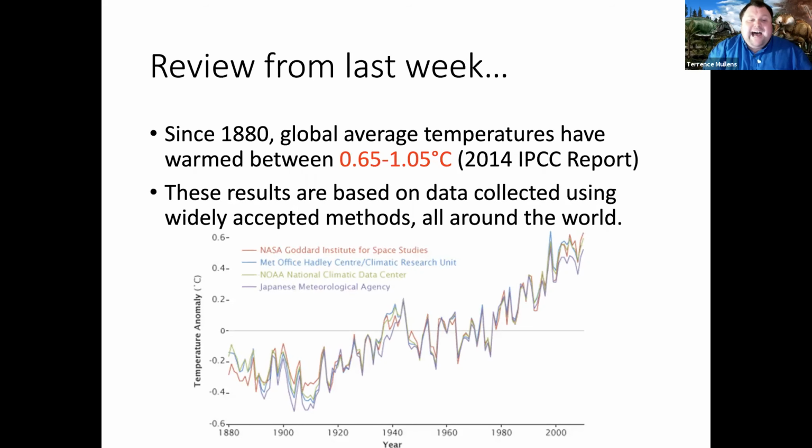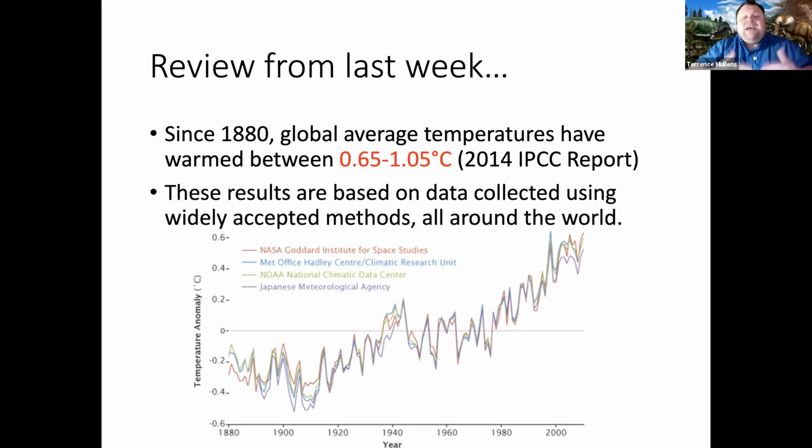So if you remember from last week, I said that Earth's global average temperature has risen quite a bit since 1880. We have risen on the conservative side 0.65 degrees Celsius, and on the much more drastic side 1.05 degrees Celsius. Now, that doesn't sound like a big deal. Obviously, weather conditions can change a degree from 1 hour to the next, and it doesn't really seem like that big of a deal.